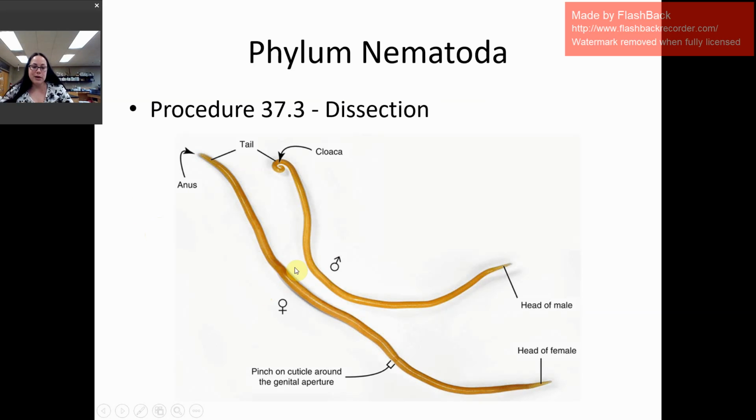Before we look at the dissection, I put that picture over here. You can see one individual here, a large, long one, and one that is way smaller over here, with a curly tail. The first one is a female.